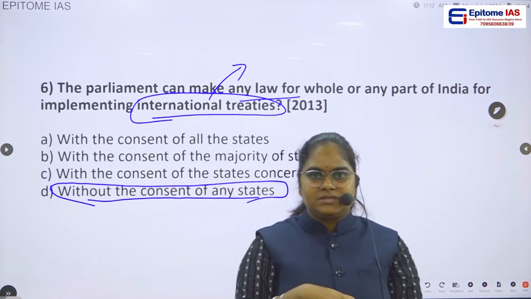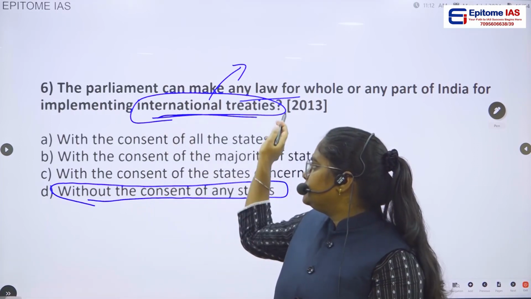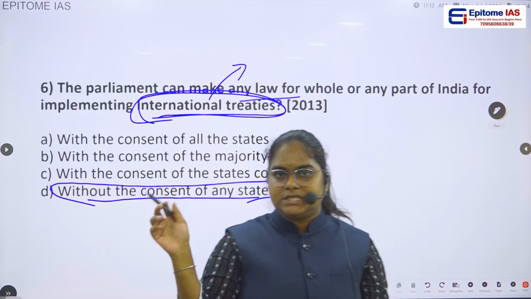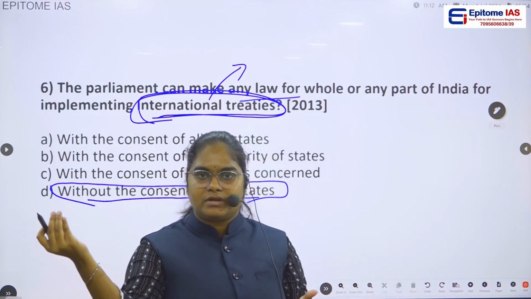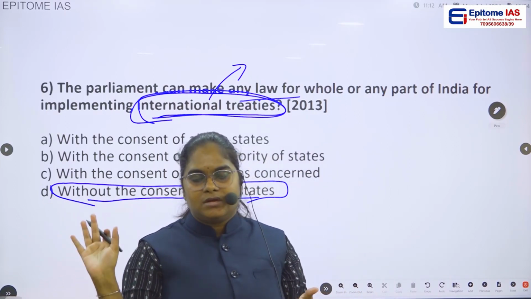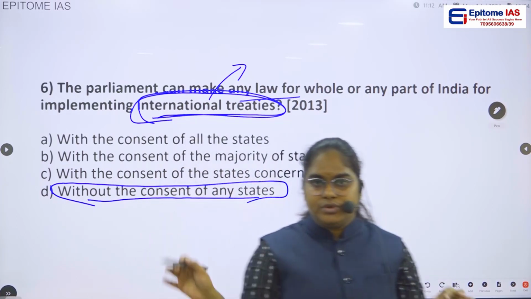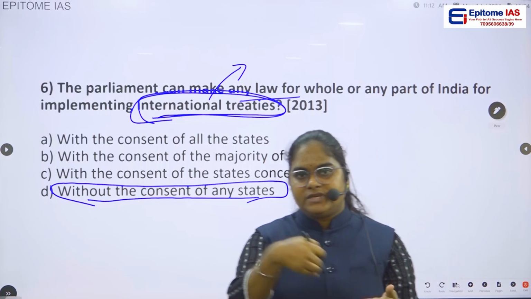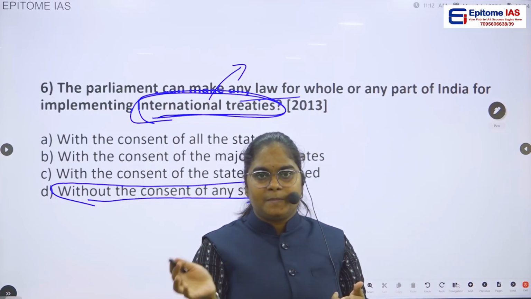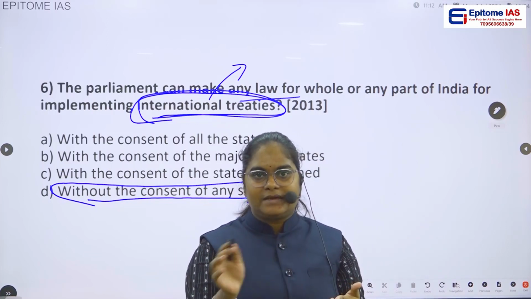So to prevent this, in case of an international treaty, these international treaties are done between some international organizations or some other countries and India, with the union government. So if you are involving the state governments, then there will be a deadlock or a delay.